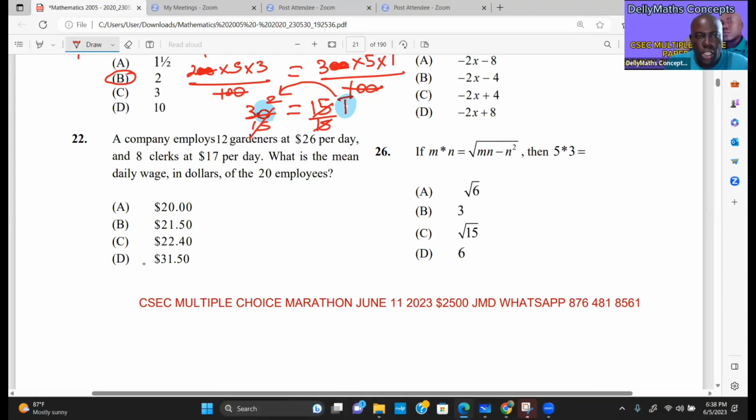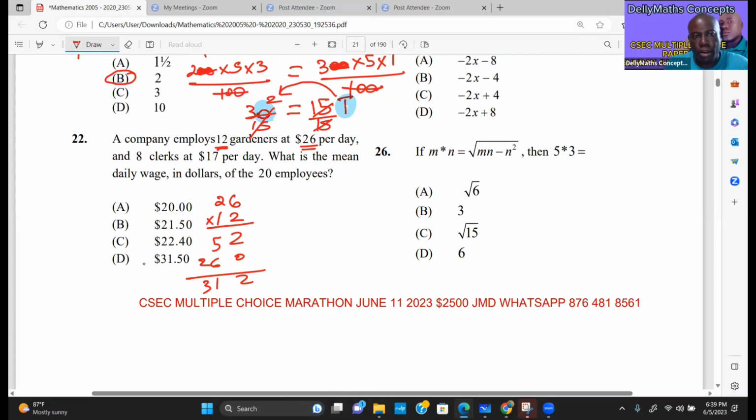For example, 12 people get 26, so you want to work out 26 times 12. 6 times 2 is 12, carry 1, 6 plus 5 is 11, and so on, giving 312. So you know the total amount of money for those people on that day.